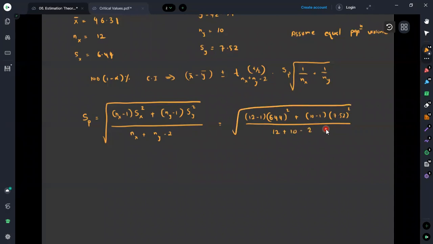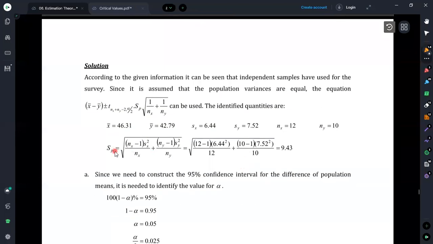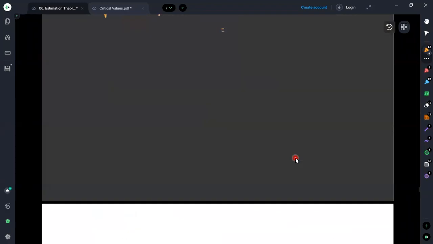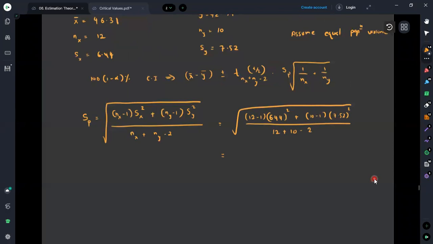This calculation leads to the value 9.43.